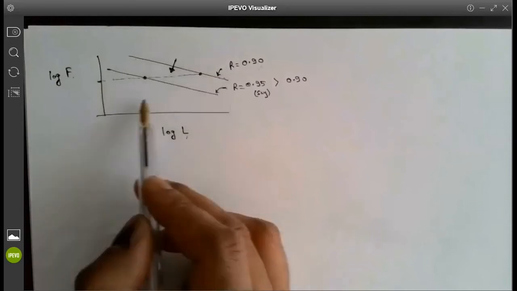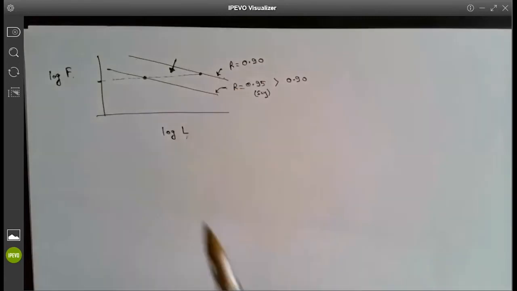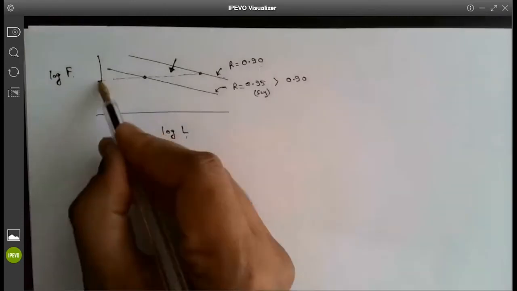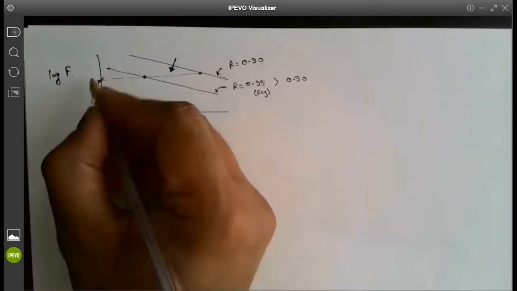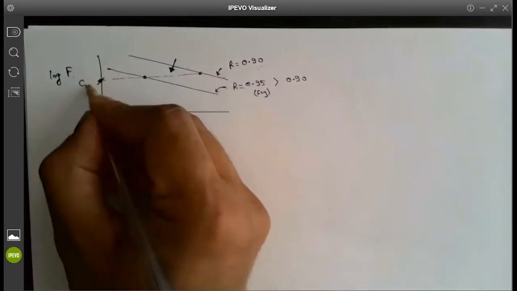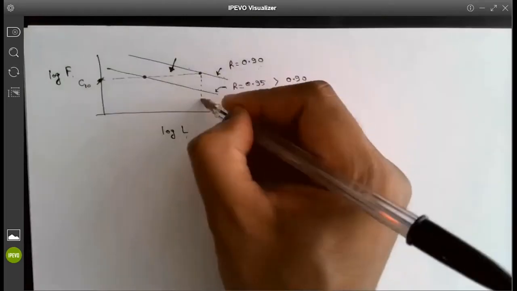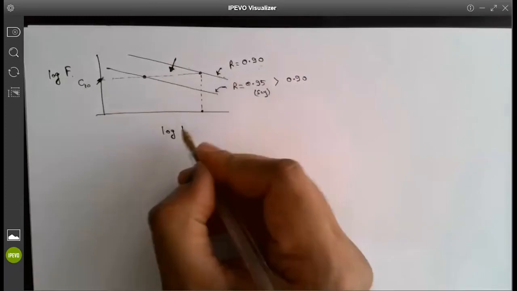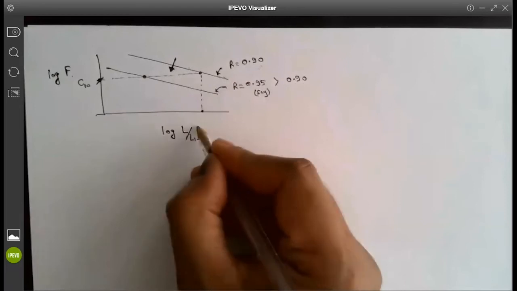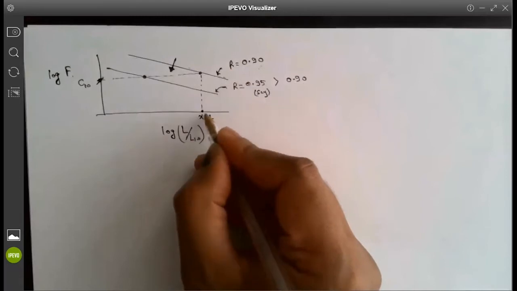And how to interpret this, what is the significance of this representation? For example, at a given load, let's say this is the C10 load, for 90% reliability, if I'm talking about L over L10, let's say this is your X. So this is X equals 1, because this is your L10 line.